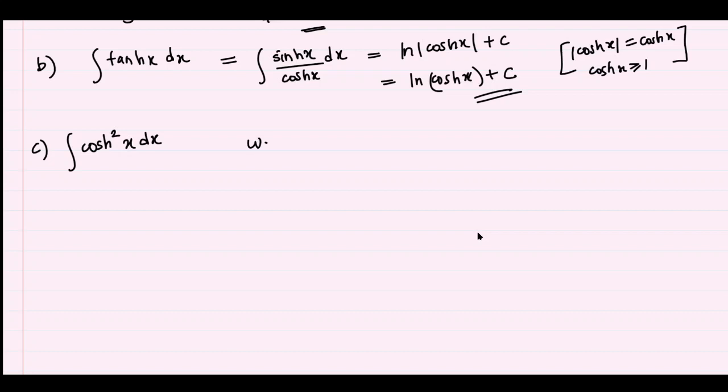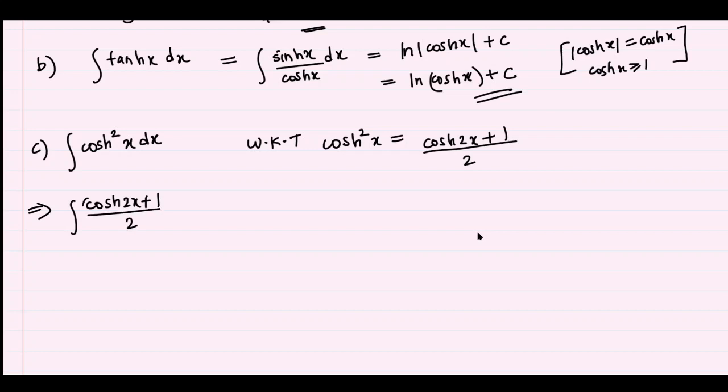We have proved the half angle formula that cosh square x is equal to (cosh 2x plus 1) by 2. This formula we have already proved. So if we substitute here, this becomes integral (cosh 2x plus 1) by 2 dx.